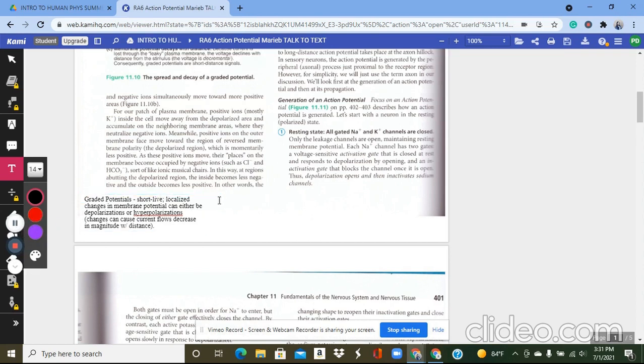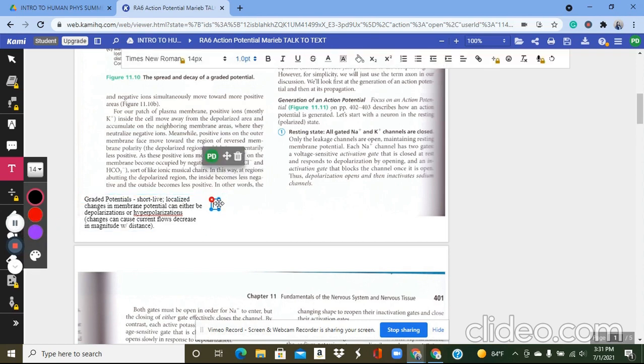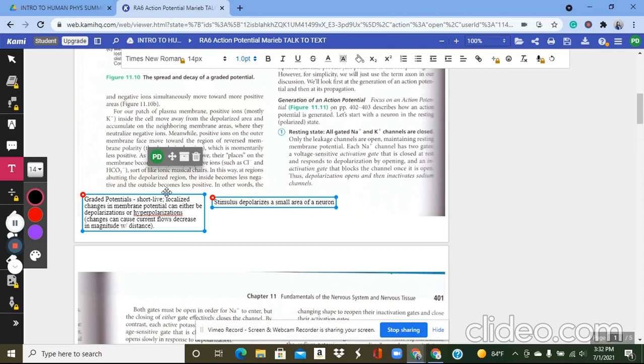To visualize what's happening here, suppose a stimulus depolarizes a small area of a neuron's plasma membrane. So what happens then?